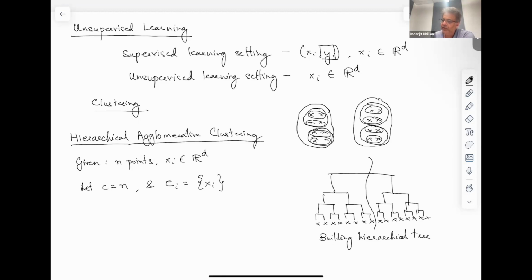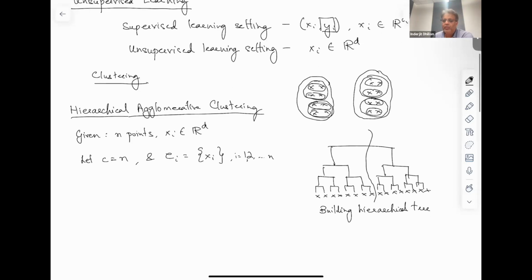So initially there are n clusters. Suppose you want to get to k clusters, where k is something like 2 or 5 or whatever you need it to be. The method works while c is greater than or equal to k.